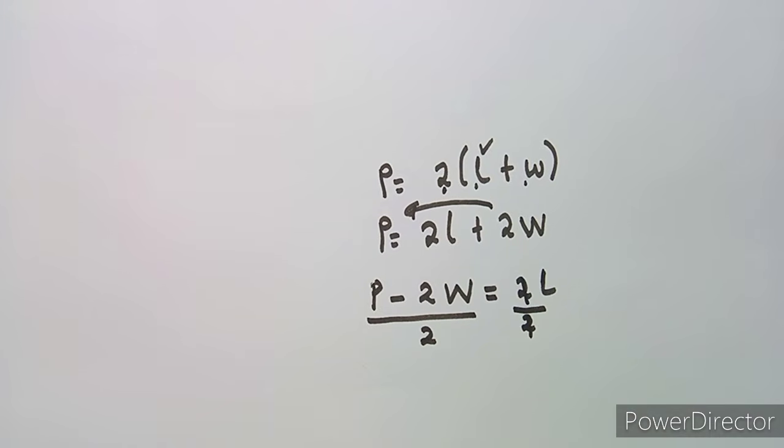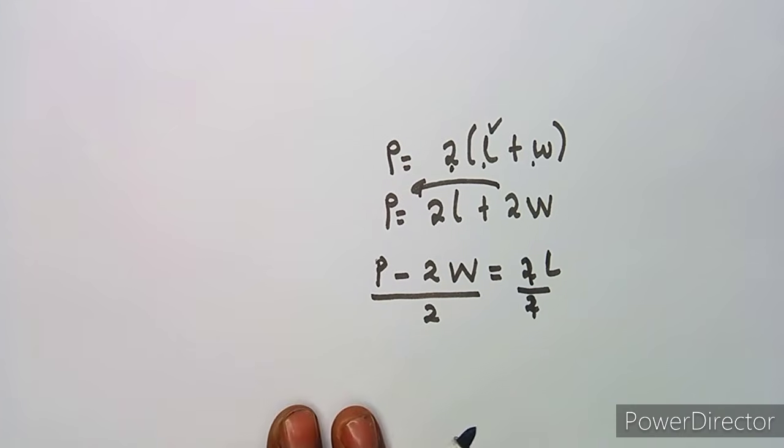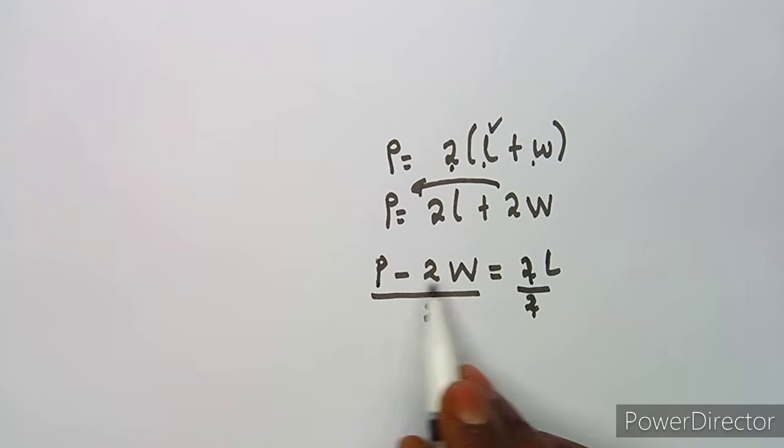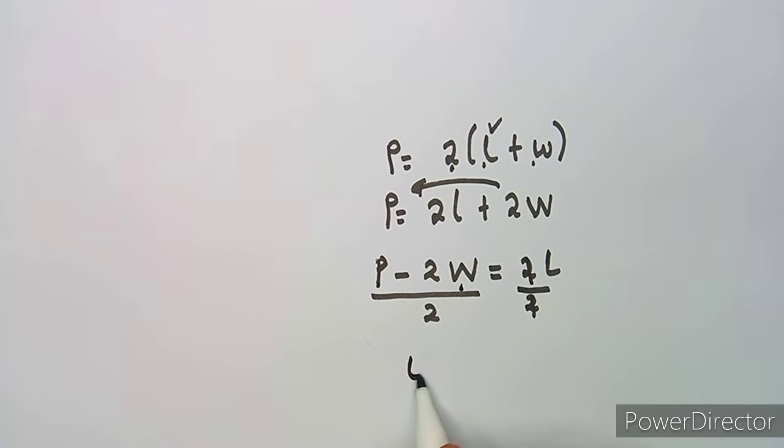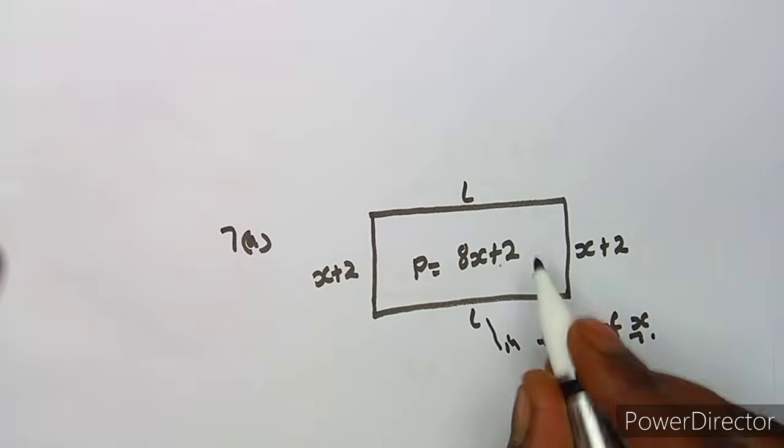So the moment we divide by 2, we are obtaining an expression for the length in terms of perimeter and the width, which means our length is equivalent to the perimeter. I'm going to substitute now the perimeter.